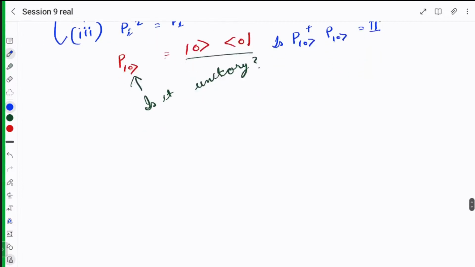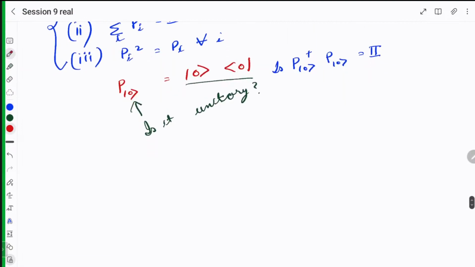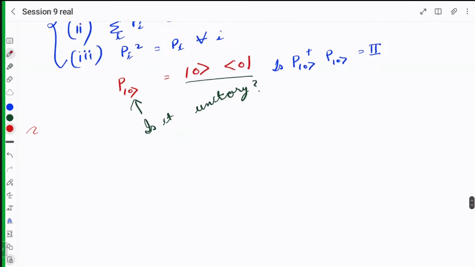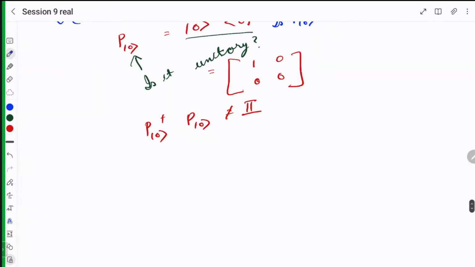Okay, so the answer is that this is PWP, not unitary, right? You can just write it in the matrix form, and you would see that P0 dagger P is not identity. So this is not unitary.